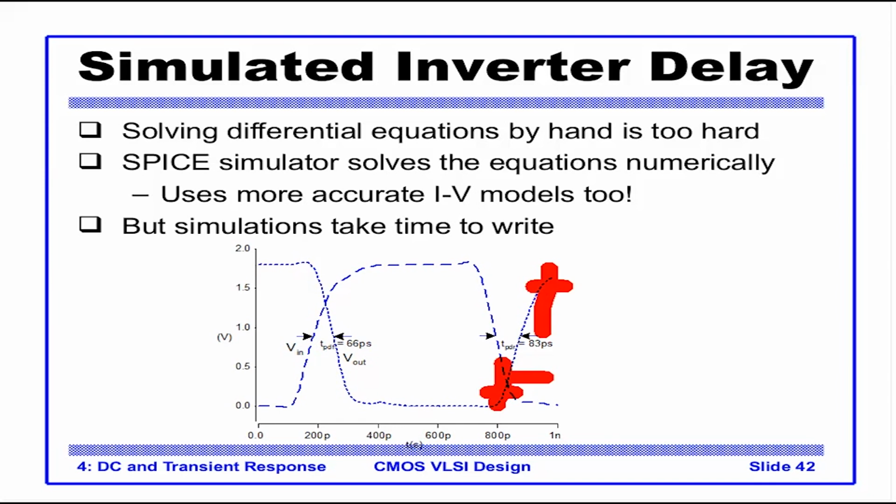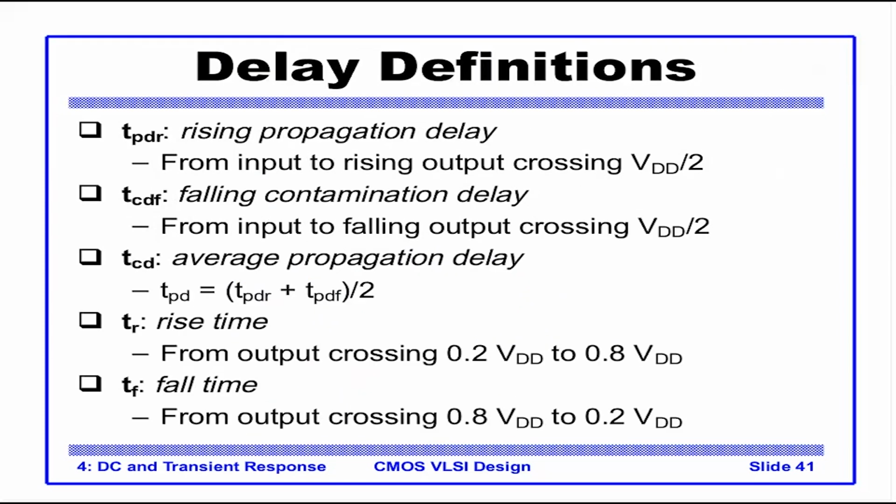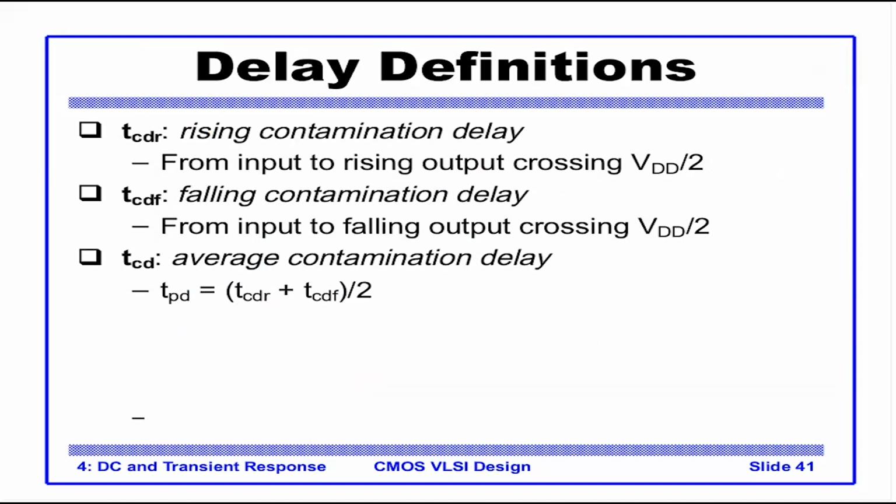Similarly, this difference here is the fall time. So I request you all to go through this again and revise, such that these concepts of propagation delay and the rise and fall time are very clear. These are very important factors in determining the quality of a gate, quality of a design.